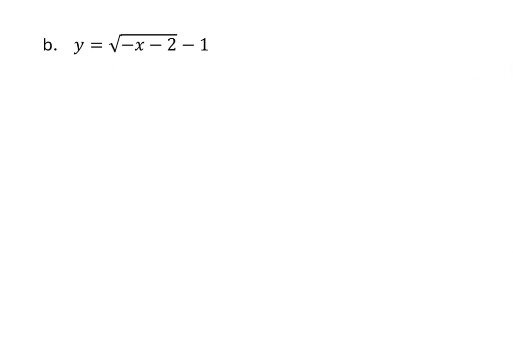All right, let's come down to example B. And we are going to start by talking verbally about what's going to happen to our graph. The first thing we want is horizontal shifting. And so we are going to start with our -2 on the inside.